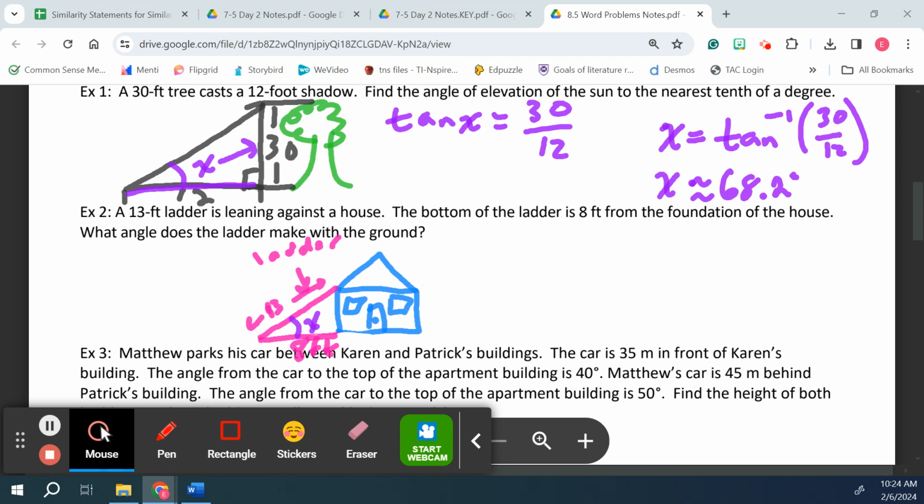Devin, sine, cosine, or tangent? Yeah, cosine. Very good.